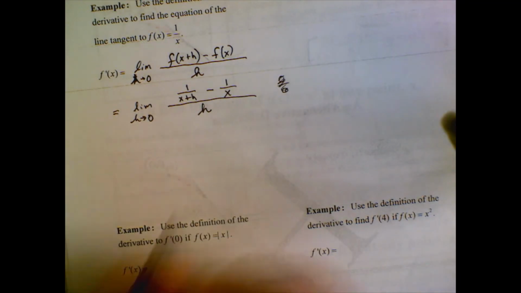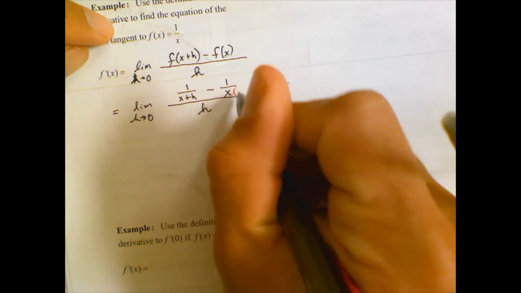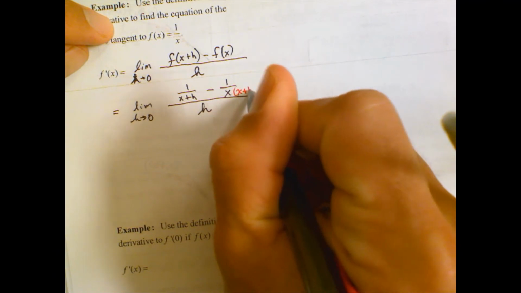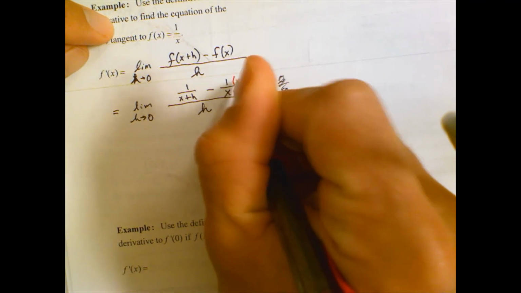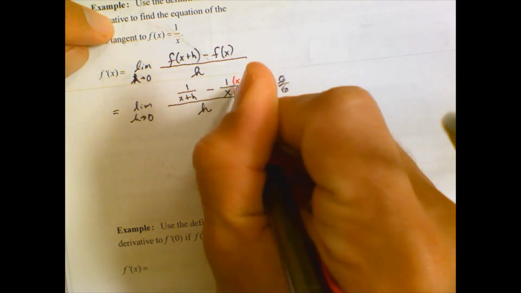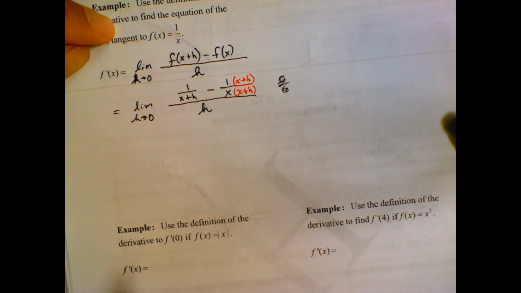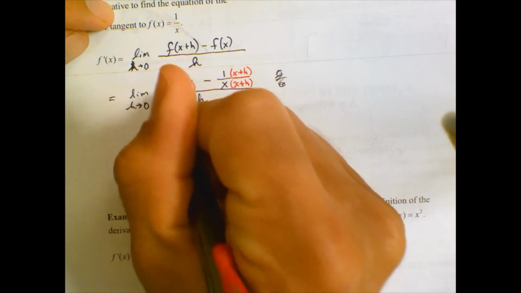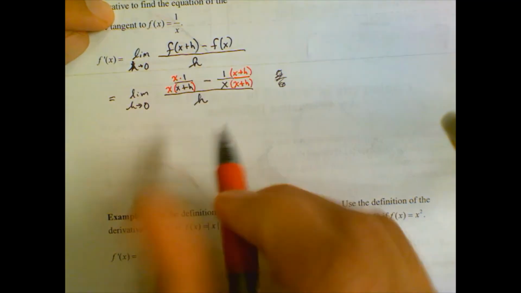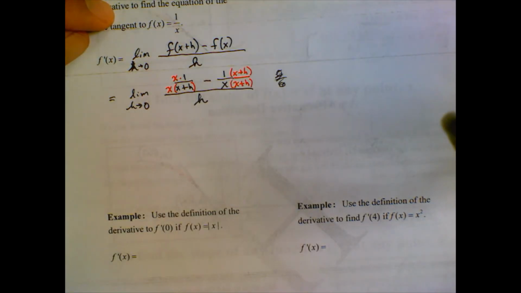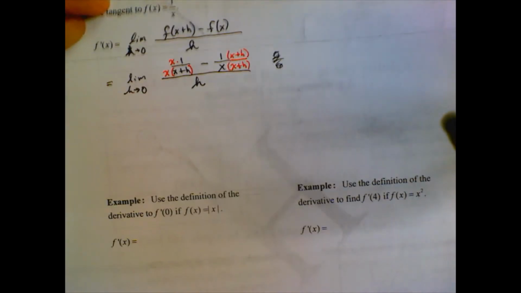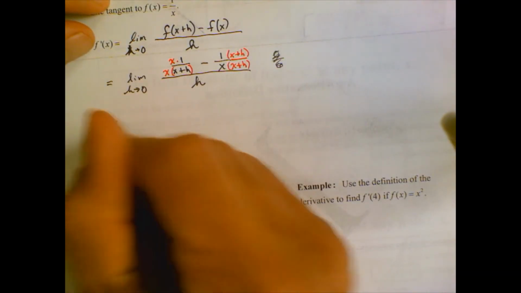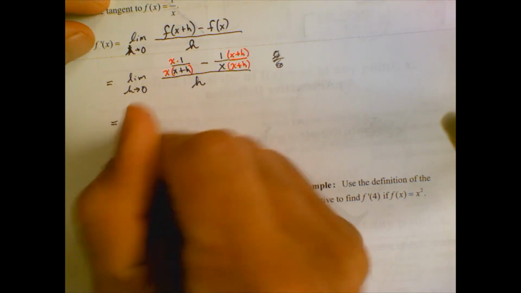On the top, what I see is that I would like to have an x plus h in this denominator. So I'll put it in the numerator as well. So that's just like multiplying by 1. And on the term on the left, it will need an x so that the denominators are exactly the same. So the first term that I write is actually going to have a common denominator now.